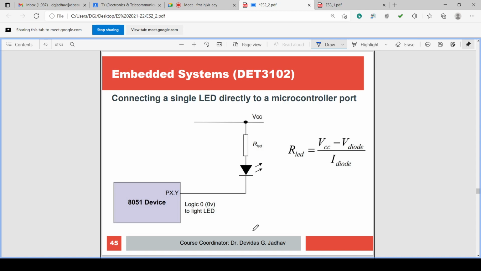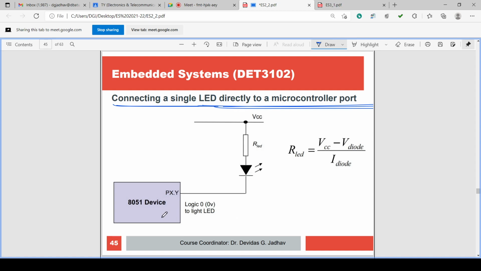So here we are connecting a single LED directly to the microcontroller port. There is a port P and pin number Y, PXY. Any port is 0, 1, 2, 3, and pins are 0, 1, 2, 3, 4, 5, 6, 7.